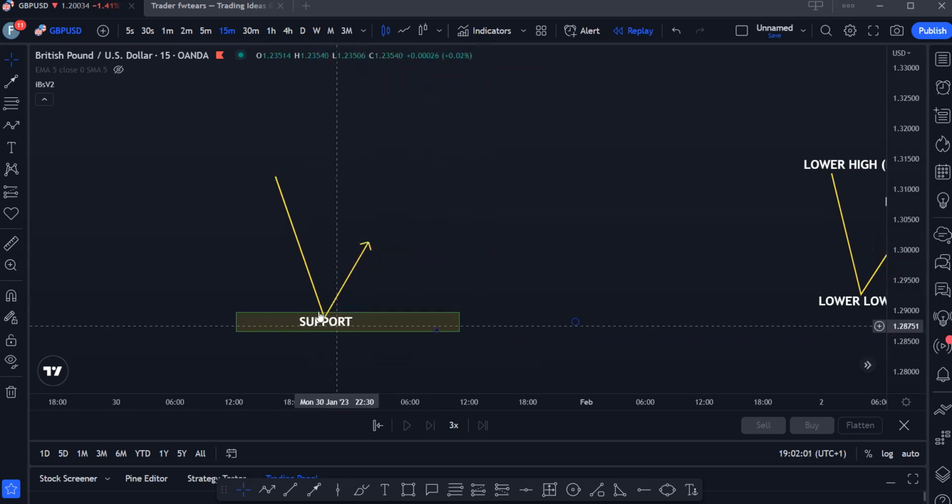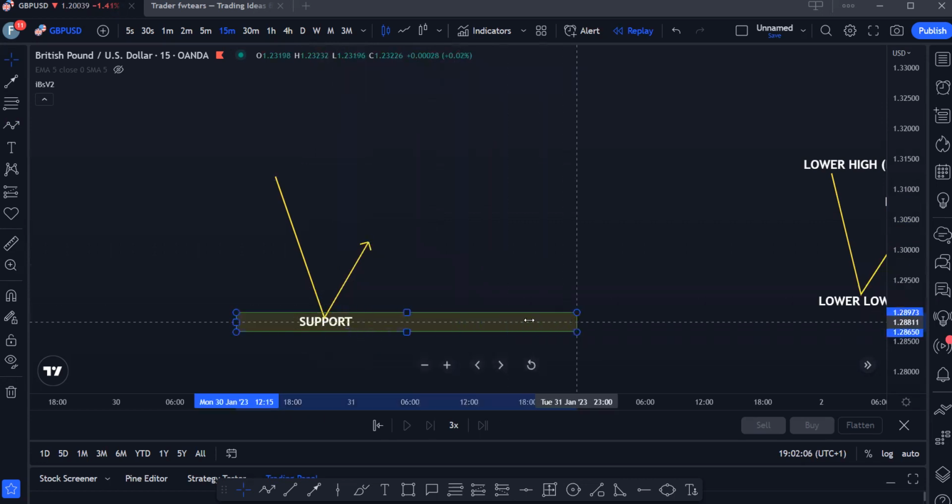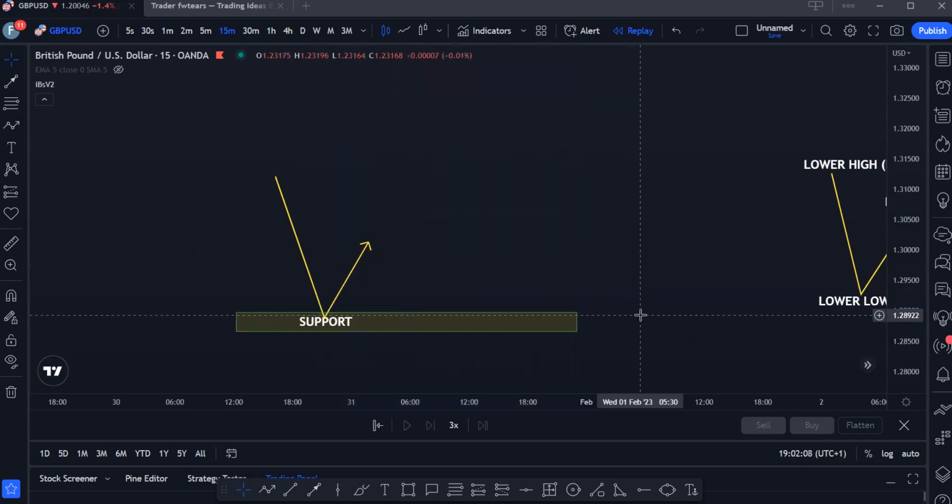Now, we want to validate this support zone to see if it's going to hold. Because before we start buying at support, we must be able to validate if truly that support zone is a strong support.